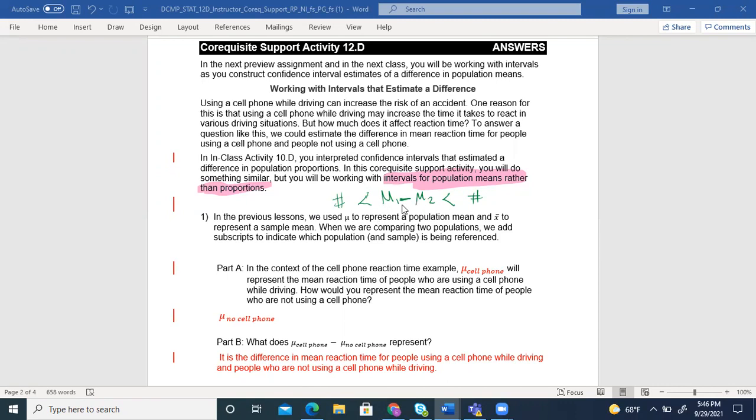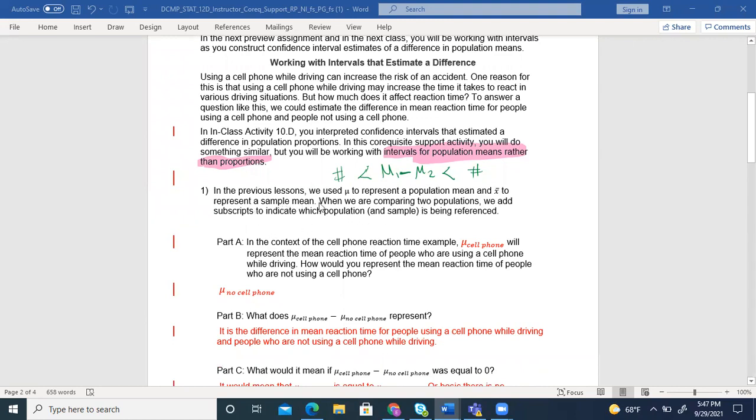So in this case, we're going to have two populations, and we're going to try to find the difference between the two means, which is mu1, the mean for the first population, and mu2, the mean for the second population. So we try to get the difference, and we try to know if that difference is going to be from what number to what number, or between what number and what number. And these two ends are going to represent the interval that estimates the difference.